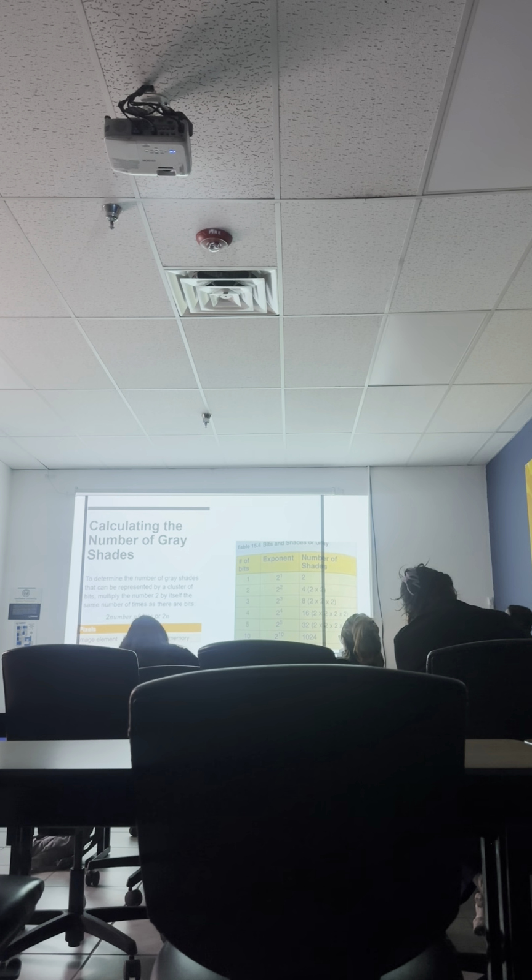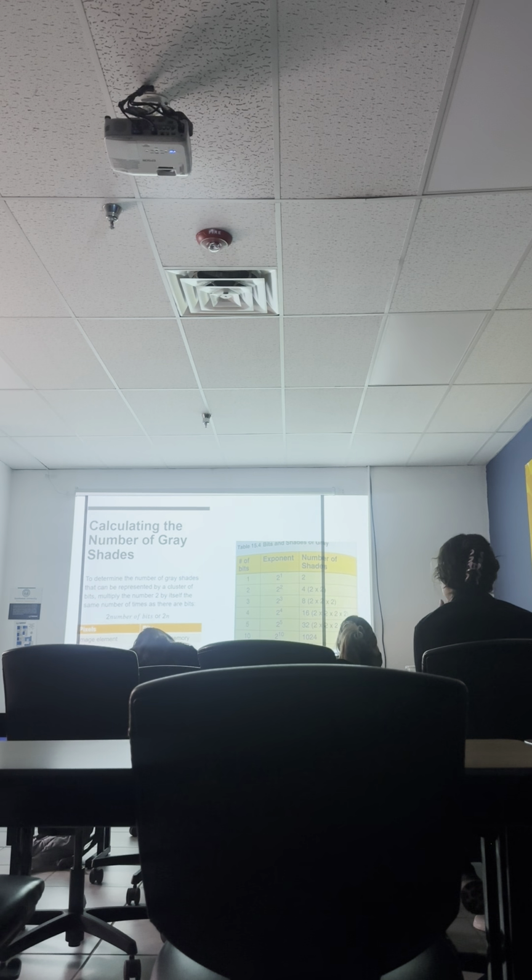So if we have 3 bits, we have 2 to the third shades of gray. It's always gonna be 2. So 2 is the set number, and the exponent is the number of bits. Does everybody understand that? The number 2, what does it represent? That's it. And the exponent is the number of bits, right?